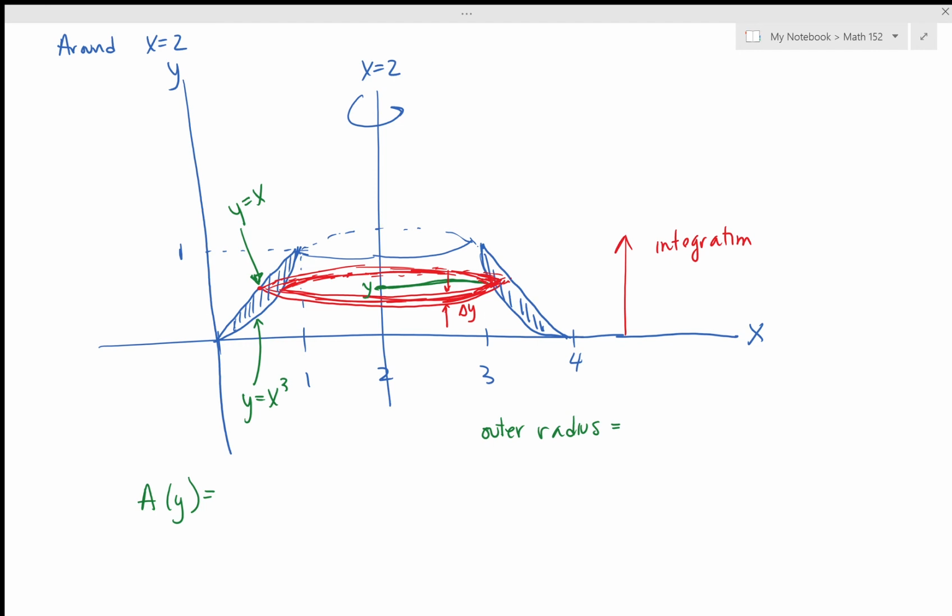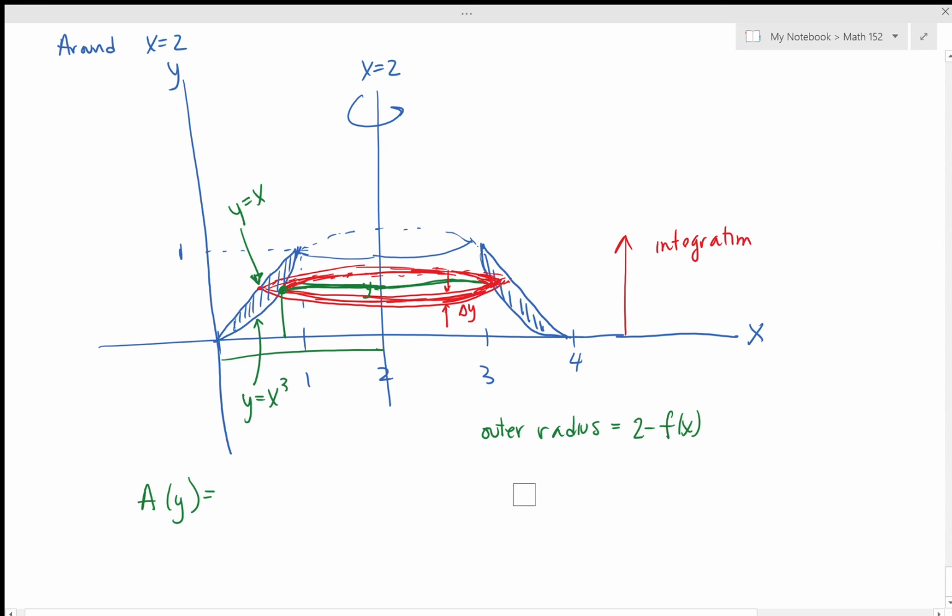how I want to do this. 2 minus f of x. Does that sound good? I think so. I mean, that's sort of thinking of it on this side. So this distance would be 2, which is this distance, minus the f of x, which is that distance. So the outer radius is 2 minus f of x, where f of x is the outer function.